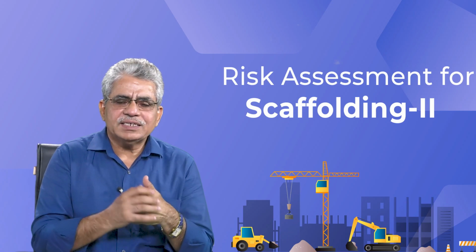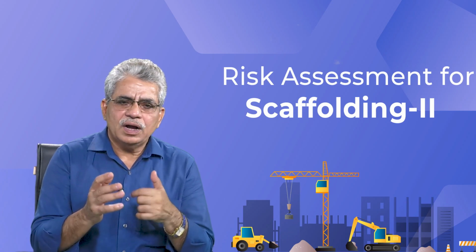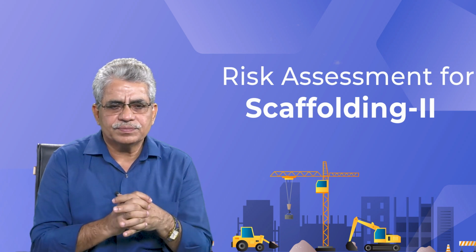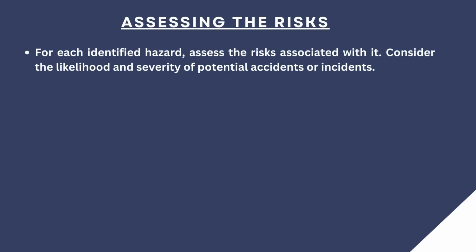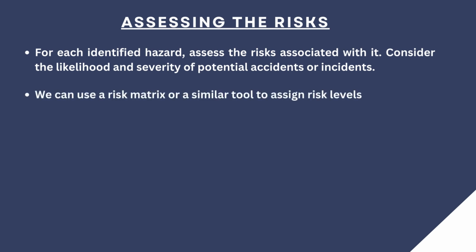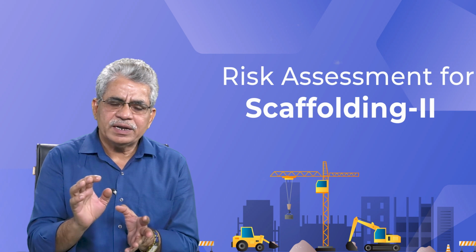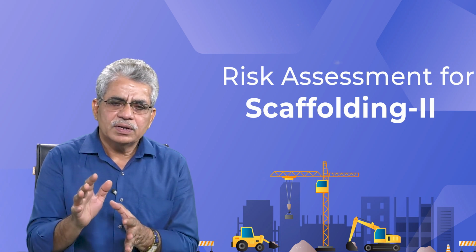Next is assessing the risk. How do we assess the risk? For each identified hazard, assess the risk associated with it. Consider the likelihood and severity of potential accidents or incidents. We can use a risk matrix. What is a risk matrix? I'll tell you later.